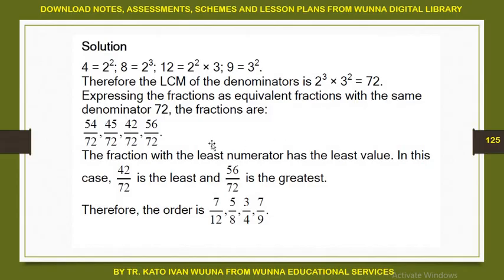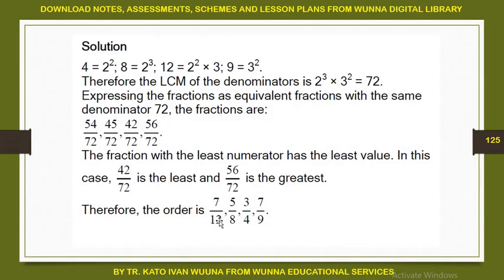In this case, the fraction with the least numerator is the one of 42 over 72. So that one becomes our smallest fraction. And the fraction that gave us this is traced back, which was 7 over 12, because if you remember, if you multiply 7 over 12 times 72, you will get 42.